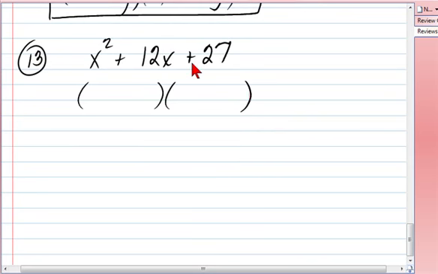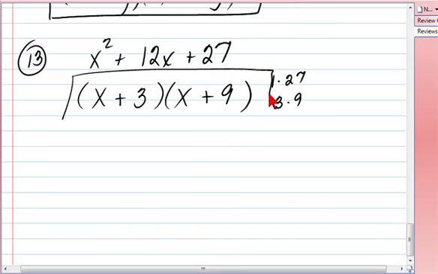The last sign is positive, which means both are pluses. To get an x squared, all I need is an x and an x. I need factors of 27 that add up to be 12. It can't be 1 and 27, but it is 3 and 9. Double check it. Done.